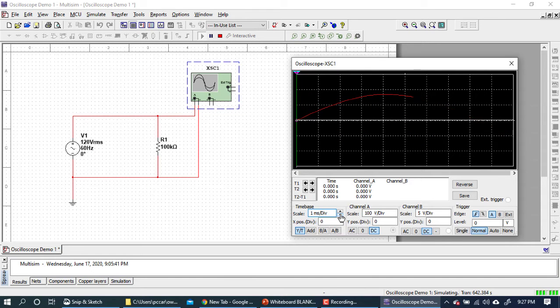Now see, that's not enough. That's not a complete cycle there. So I went too low. I went to 1 millisecond. So let's go back up. There's 2 milliseconds. Yeah, that's pretty good. That's 2 milliseconds per division. You're going to get probably a more accurate reading at this point.